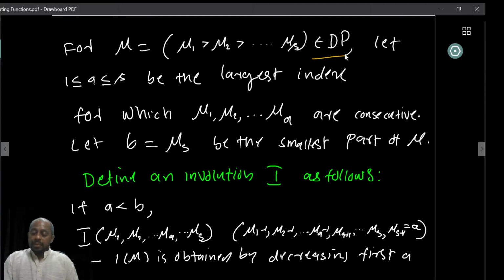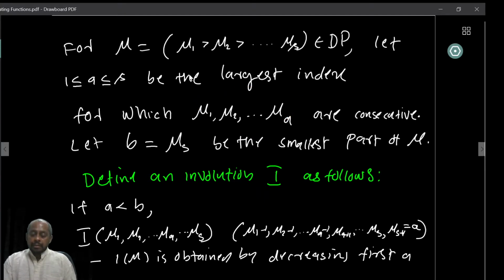So this is in dp. Suppose you take such a partition mu. Now let's define a to be the largest index for which mu1, mu2, mu3, etc., mu a are consecutive numbers. Basically mu2 is mu1 minus 1, and mu3 is mu2 minus 1, etc., till mu a. So these must be consecutive numbers.